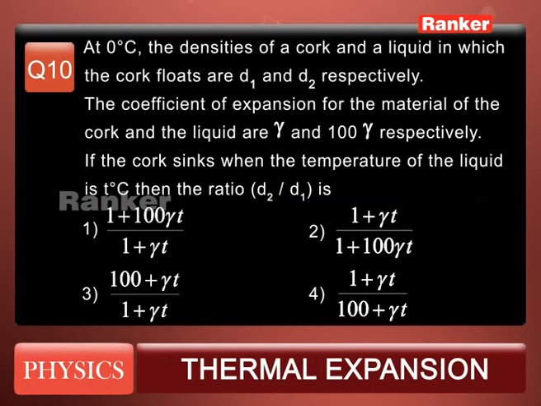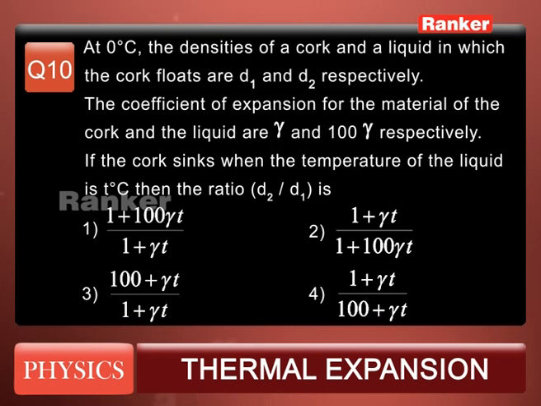Question number 10. The question is given as, at 0 degrees Celsius, the densities of a cork and the liquid in which the cork floats are D1 and D2 respectively. The coefficients of expansion for the material of the cork and the liquid are gamma and 100 gamma respectively.